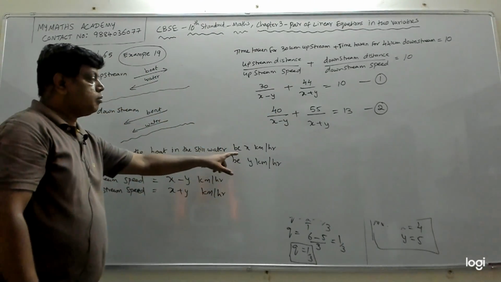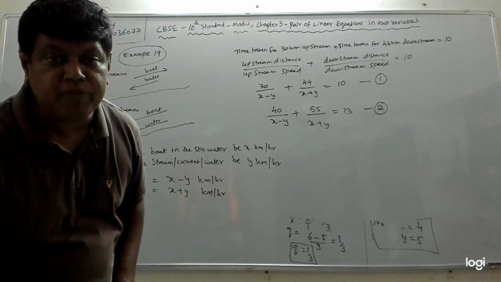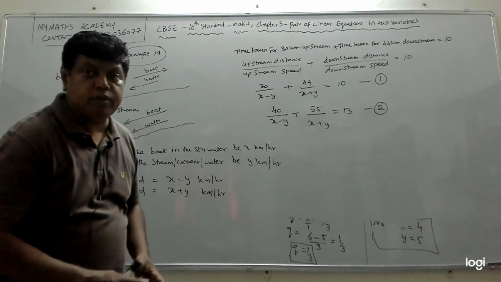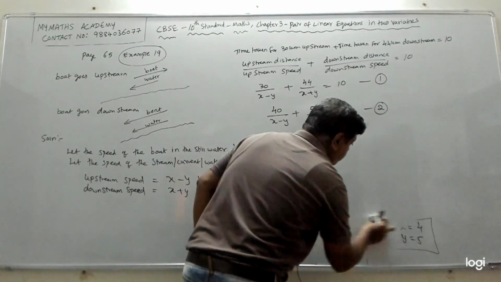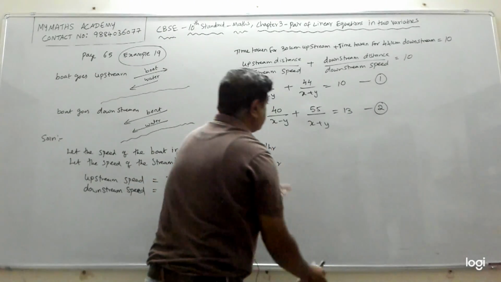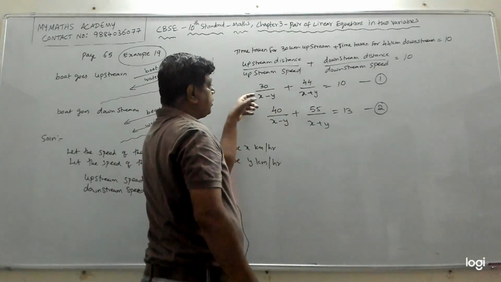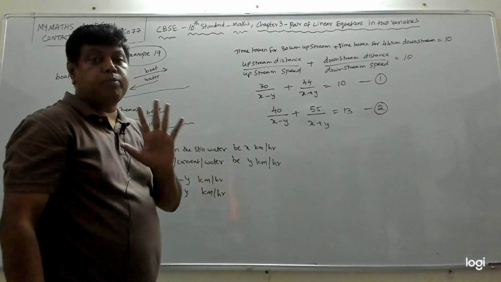What is the speed of the boat in still water and what is the speed of the stream? Now again, the variables x and y are in the denominator. The moment you see the variable in the denominator, we need to make some substitution.